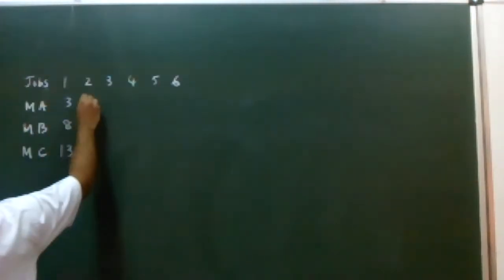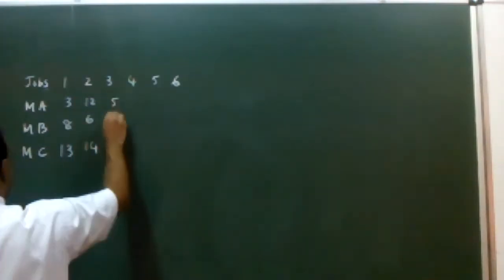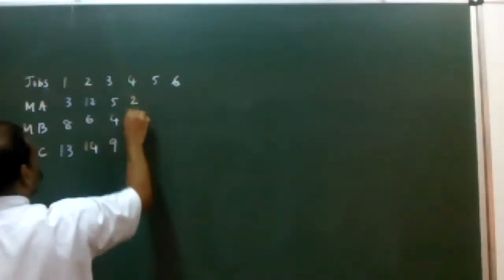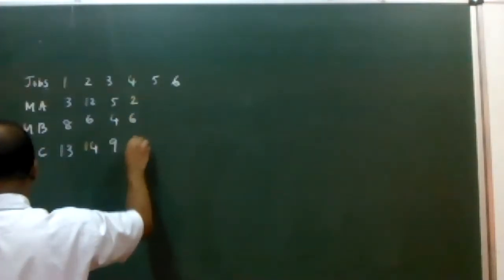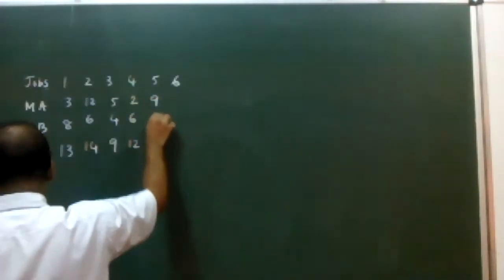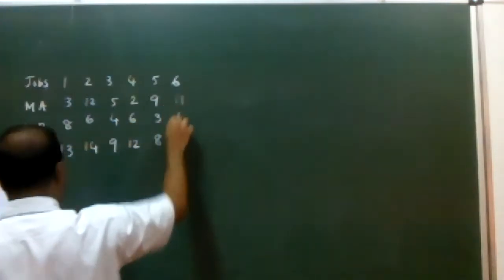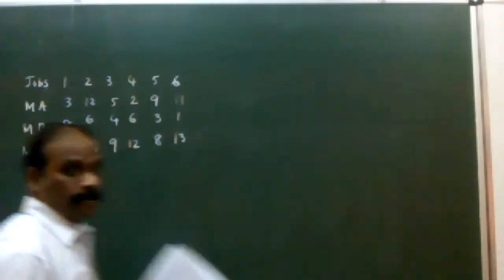Now we have machine A, machine B, and machine C. The values are 3, 8, and 13; 12, 6, 14; 5, 4, 9; 2, 6, 12; 9, 3, 8; and the last one is 11, 1, and 13. Now this is the question, or this is the data given to you.